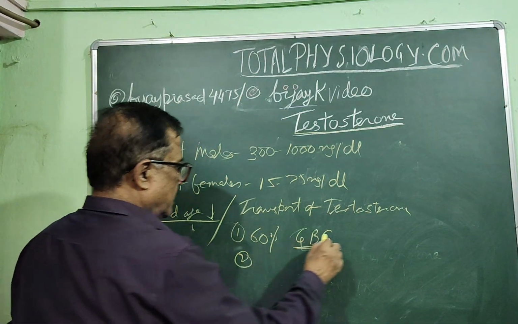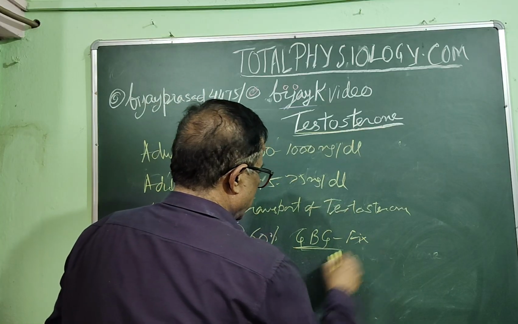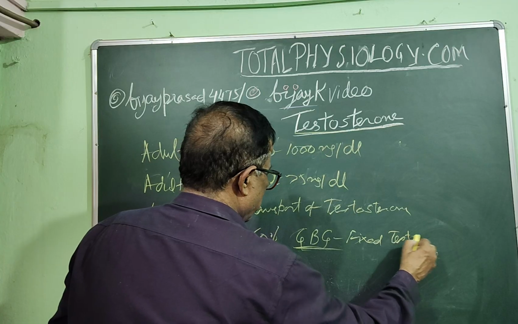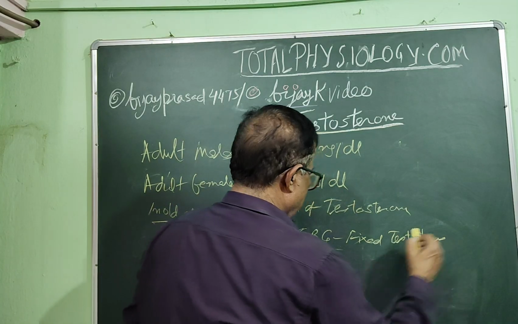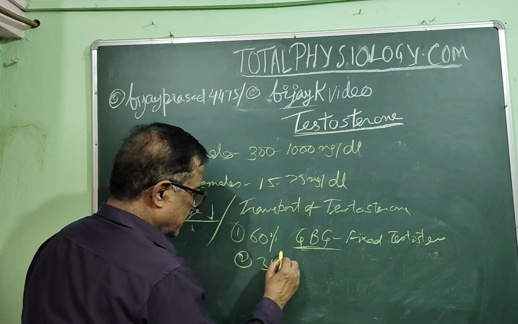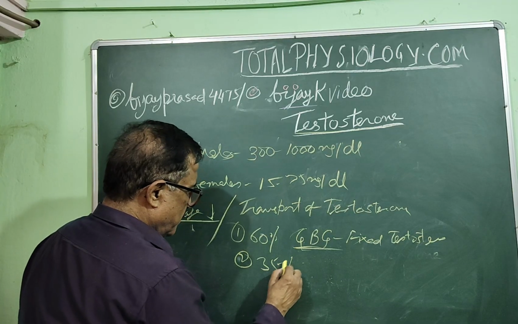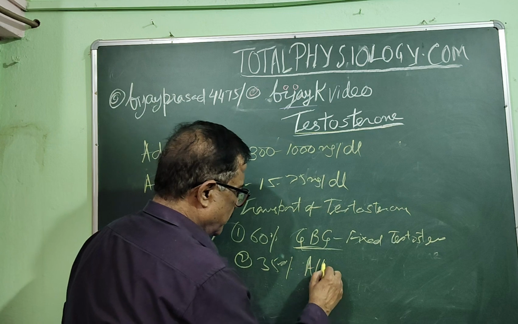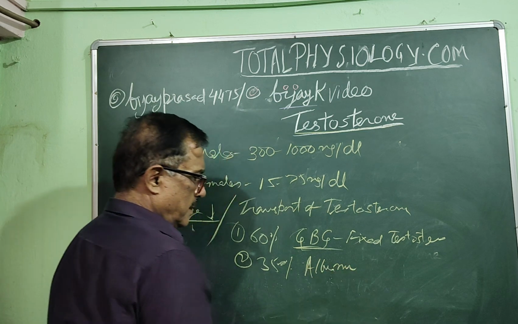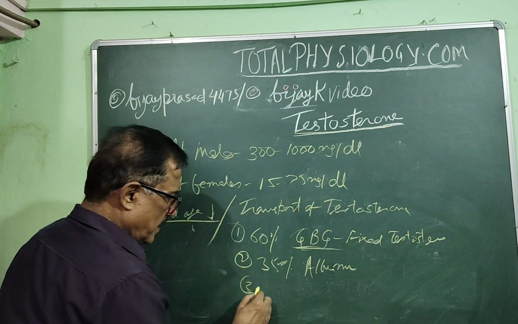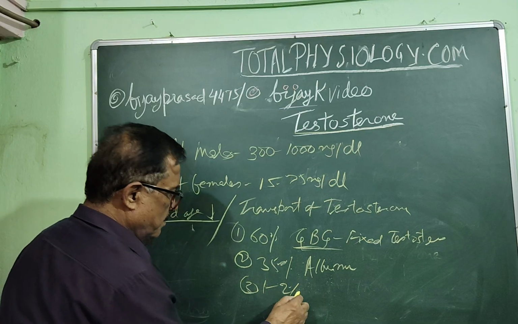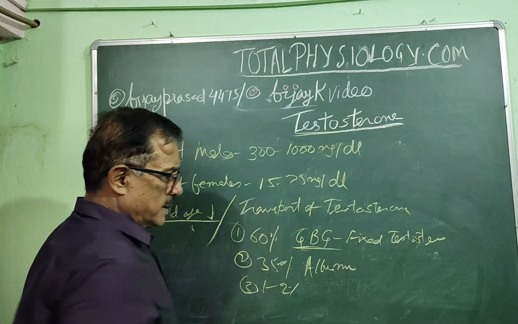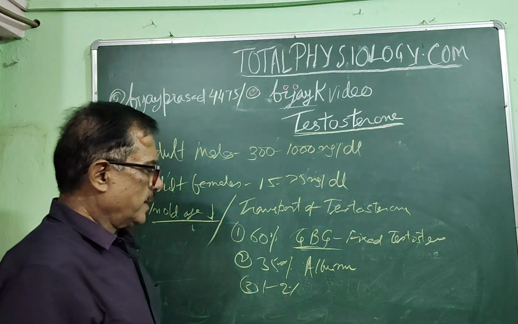Then it is almost fixed, not dispersible. About 35% is with albumin, and only 1 to 2% is in the free state.